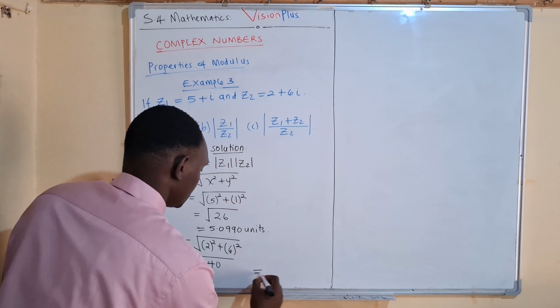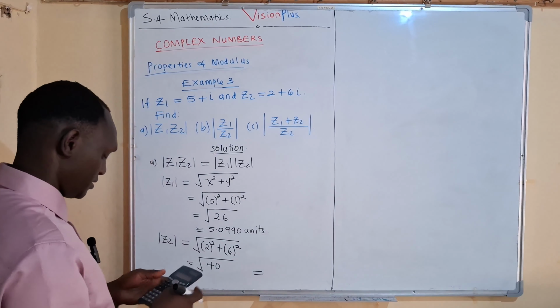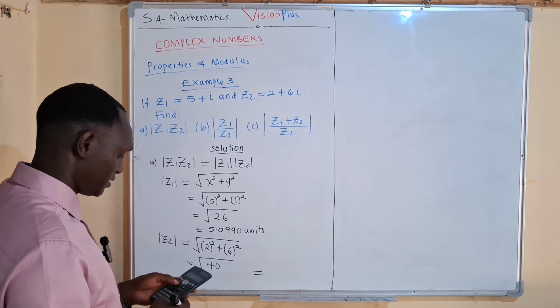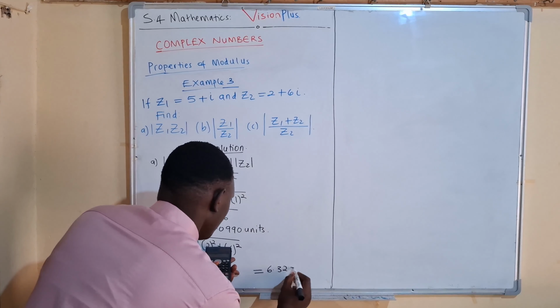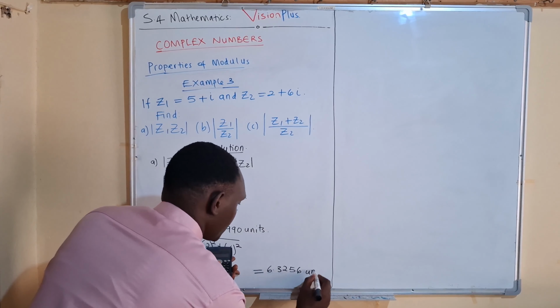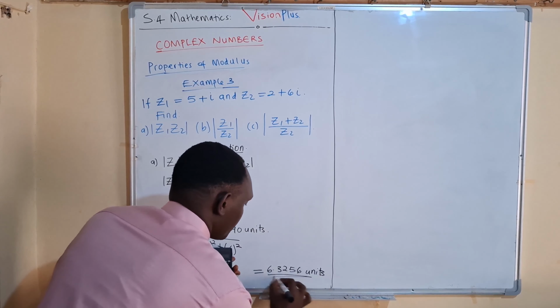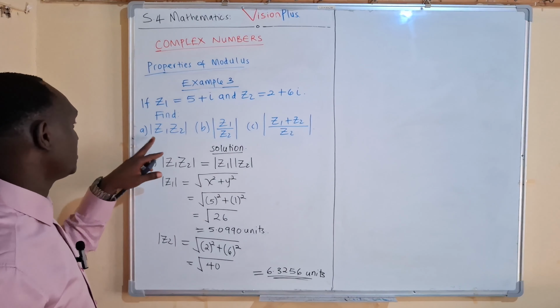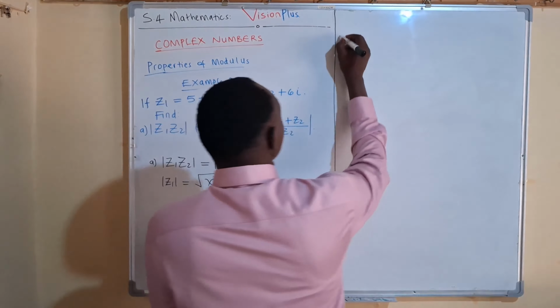And we use the calculator. 6 squared plus 2 squared is 40. The square root is 6.3256 units. This is the magnitude of z2. Now going to the question, the magnitude of z1 z2.